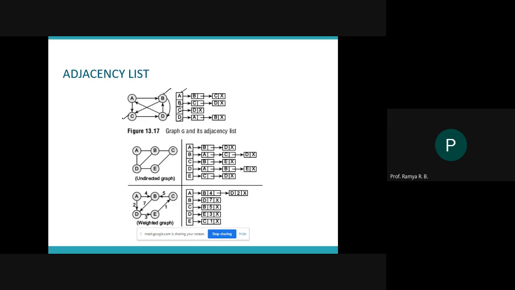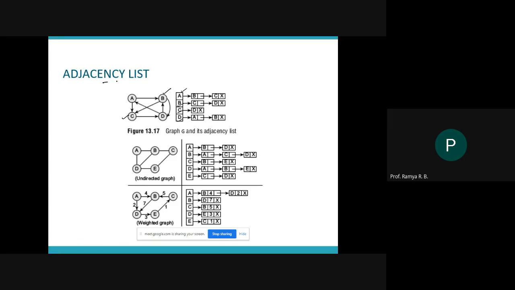Now if you consider vertex B, who are B's neighbors? C and D. So B's linked list will contain C and D. Vertex C has only one neighbor, D, so it will have only one node in its linked list.